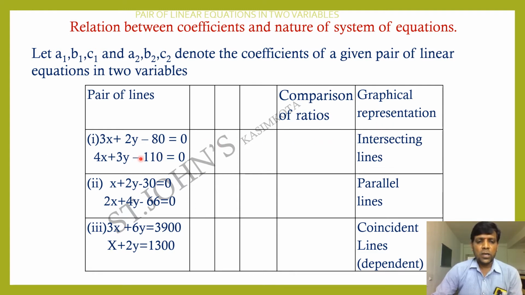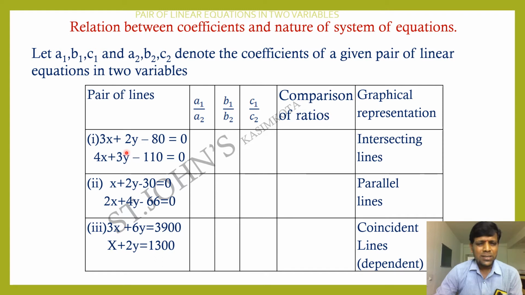So what is the first one? The first pair: 3x plus 2y minus 80 equal to 0, 4x plus 3y minus 110 equal to 0. Write the first ratio a1 by a2, second ratio b1 by b2, third ratio c1 by c2. Here a1 means 3, a2 means 4, b1 means 2, b2 means 3, c1 means minus 80 and c2 means minus 110.